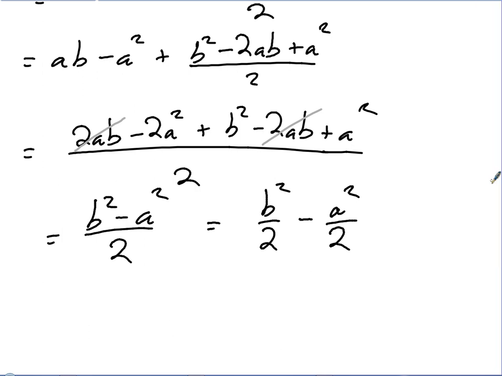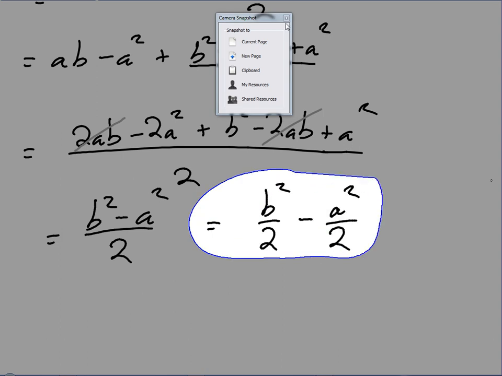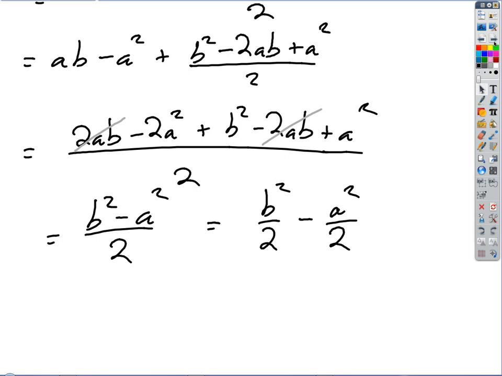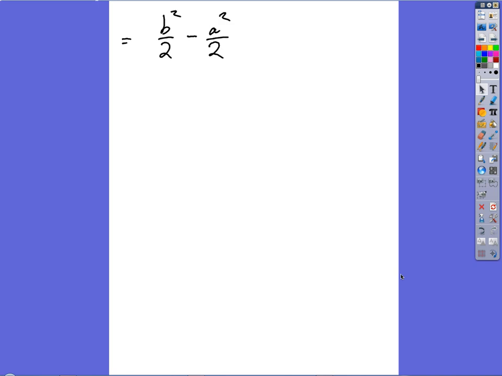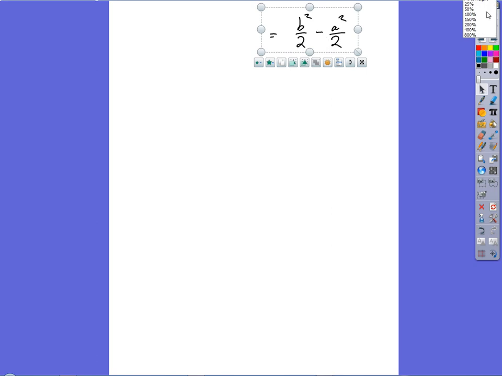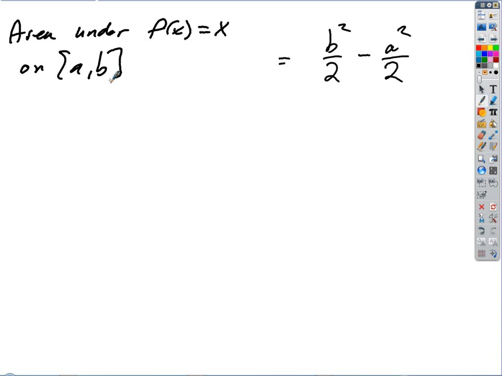The original problem was the area under the curve x, the area under f of x equals x on the interval from a to b.